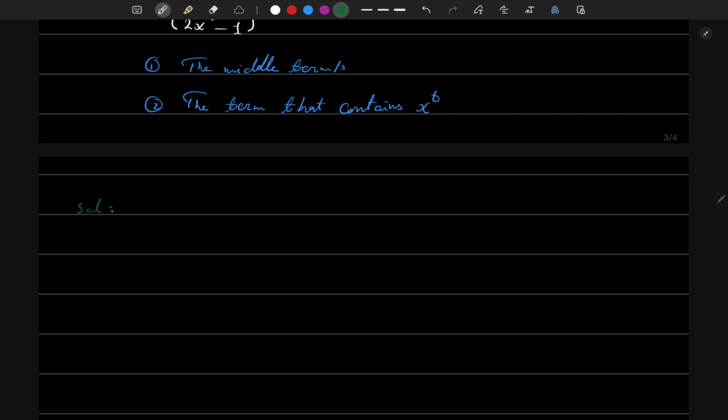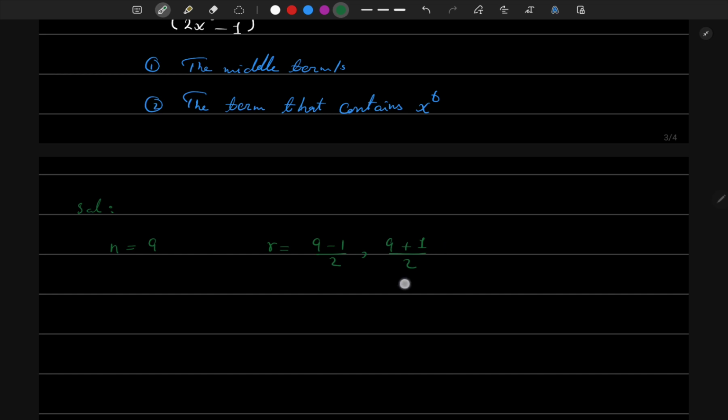Solution. Now n equals 9. So to find the middle terms, first of all, if n equals 9, then I'm going to have 10 terms, which is an even number of terms, so I'm going to have two middle terms instead of one. And so r is going to equal 9 minus 1 divided by 2, and 9 plus 1 divided by 2.